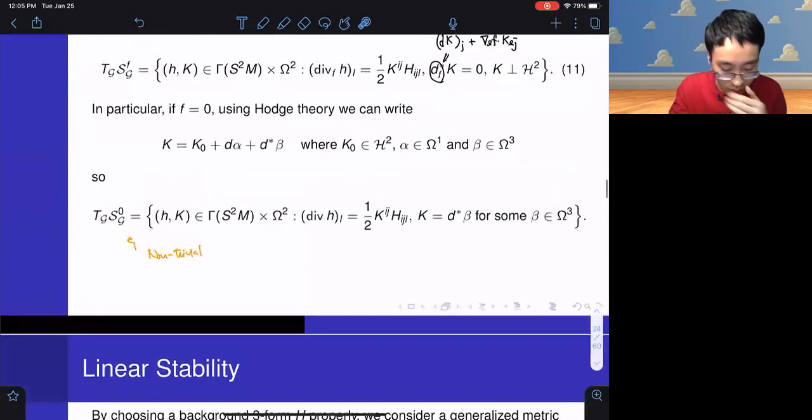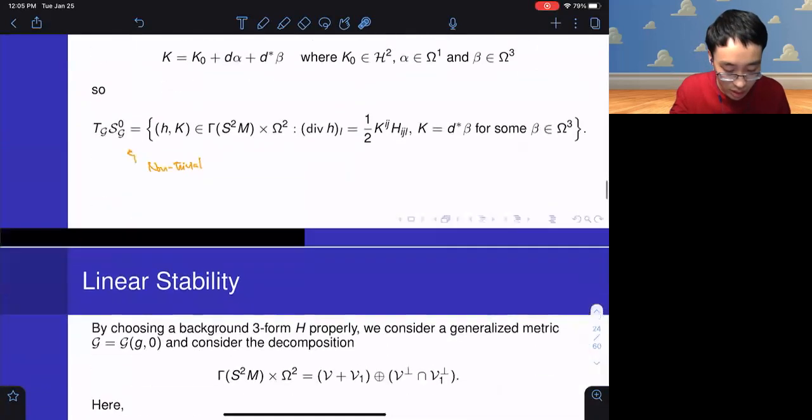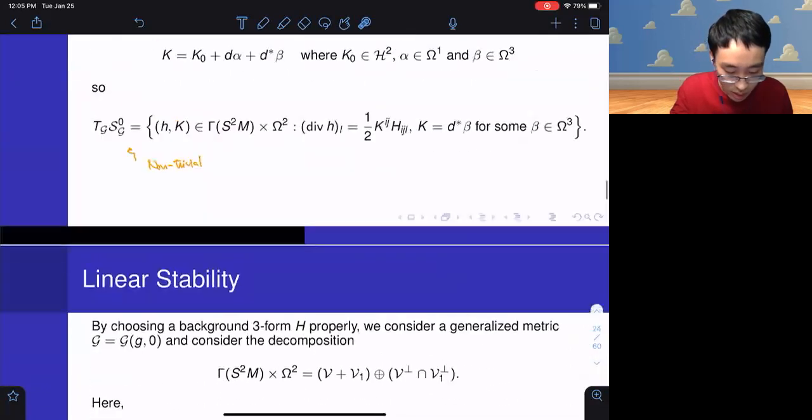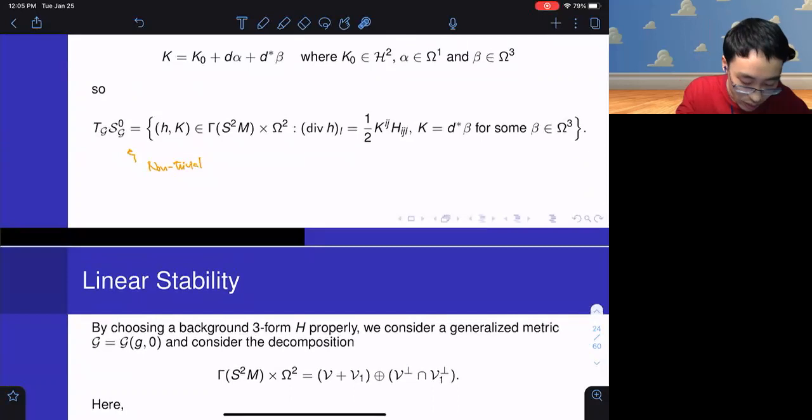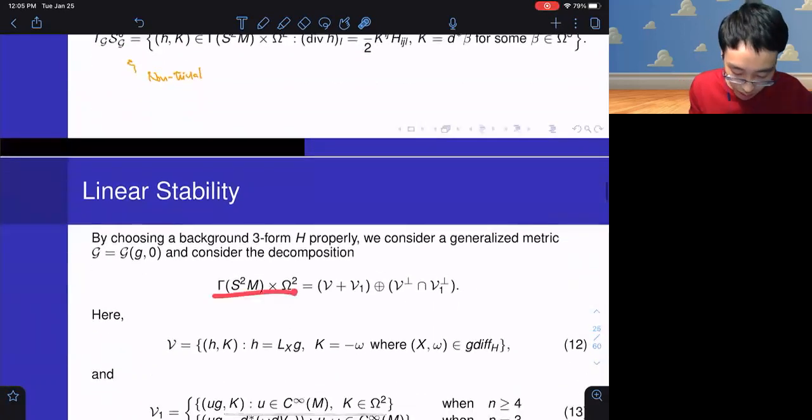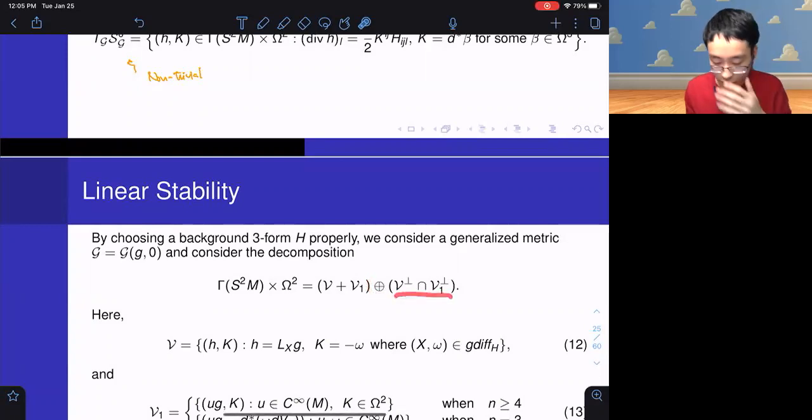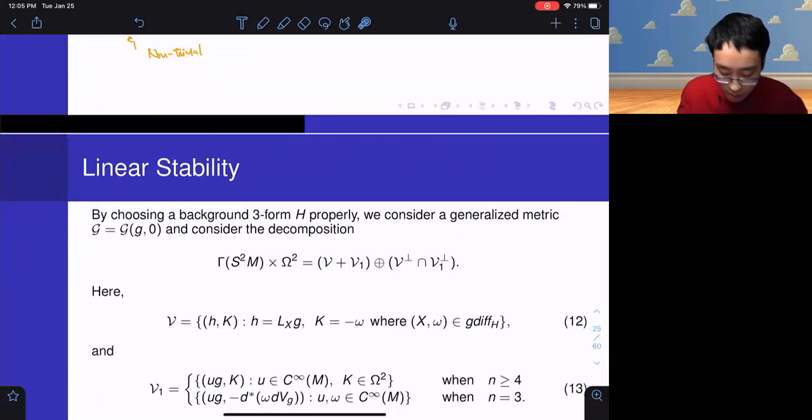Okay, so let me write down our decomposition carefully. If I just focus on this space, this is not good enough. So I will try to find another space to decompose our variational space like this. We have V plus V1, a direct sum, where V1 is the orthogonal complement.